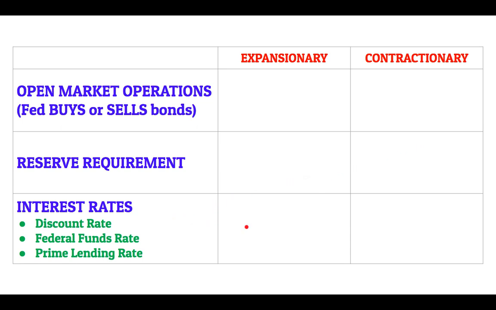Interest rates are another way that they can control the money supply, either expanding it or contracting it. Think of interest as the cost of borrowing money. Interest can impact you from another perspective as well in terms of investing. We can earn interest off of savings, but we also pay interest upon borrowing.